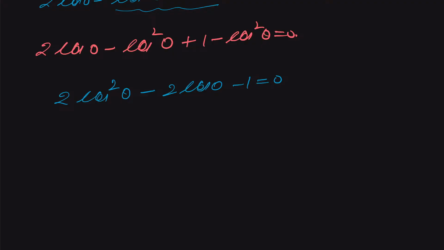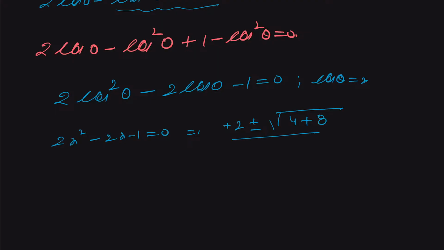Let us suppose that our cos θ is x, so we get 2x² - 2x - 1 is equal to 0. So we get x equals minus b plus minus the square root of b² minus 4ac, where minus 4 is c, divided by 2a.